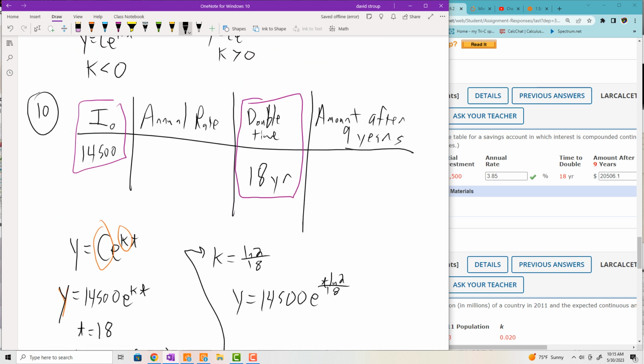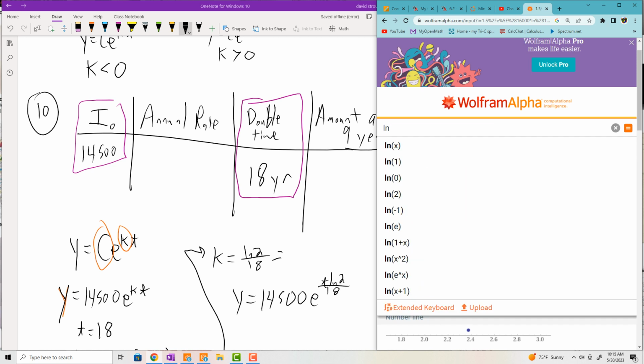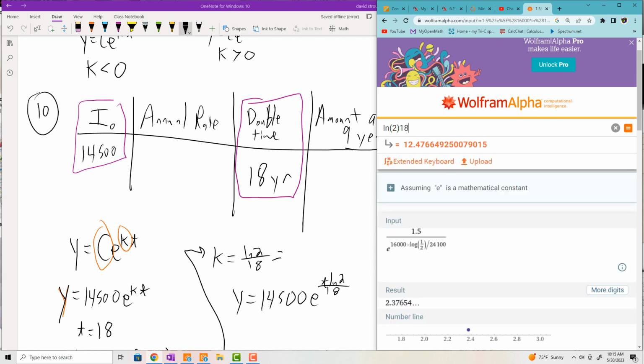The rate value is the k value, but converted to a percent. So you got to be a little bit careful here. Ln of 2 all over 18 is 12. Let's see how many decimals I want.